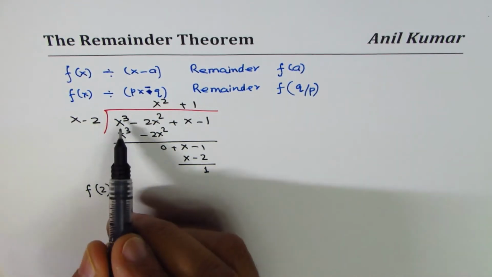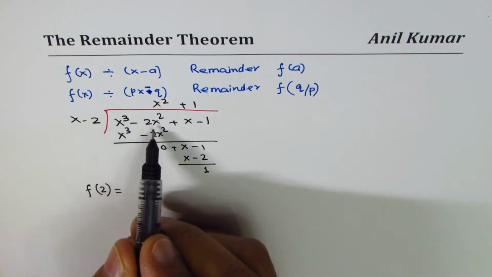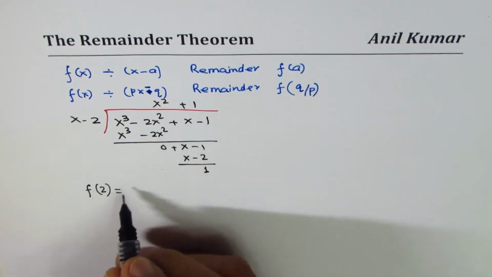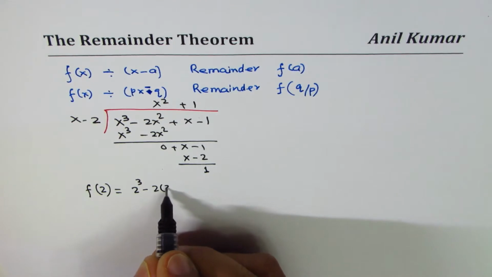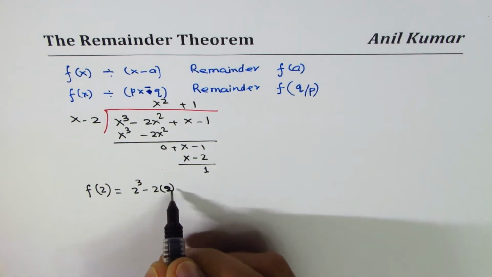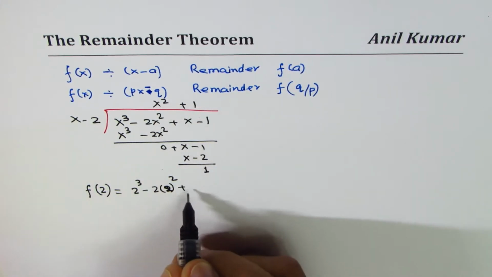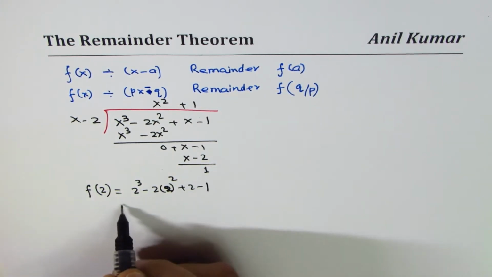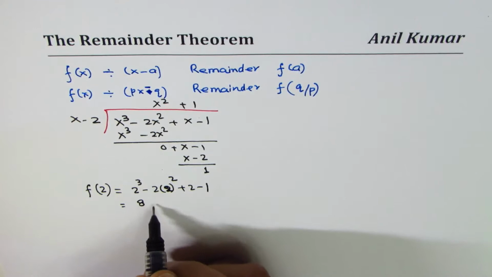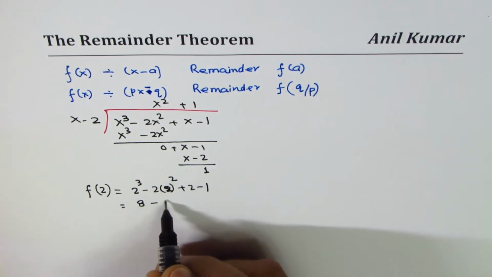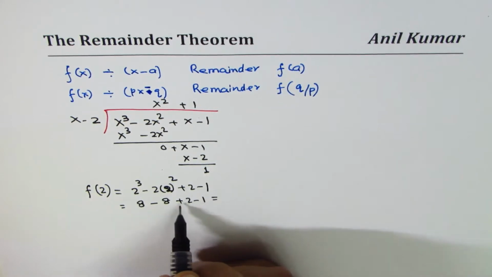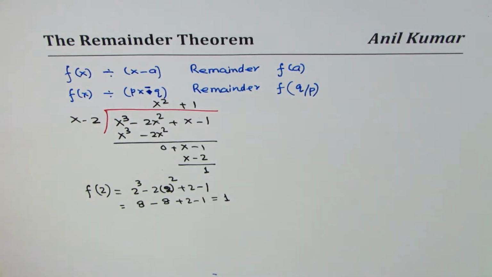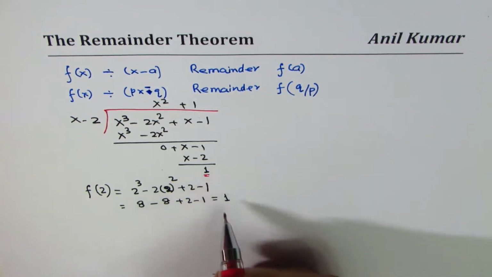We substitute 2 in this equation: 2 cubed minus 2 times 2 squared plus 2 minus 1. 2 cubed is 8, minus 4 times 2 is 8, plus 2 minus 1, and we do get 1, the same remainder, correct? So we get the same value.